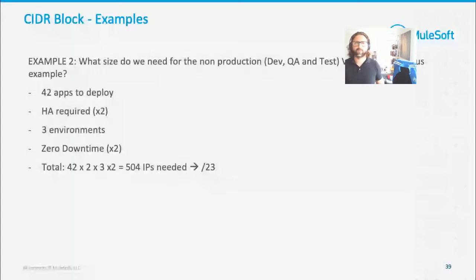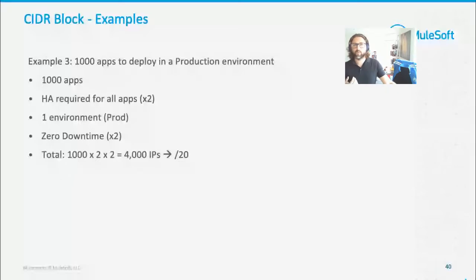And the last example, let's say that we want to deploy 1,000 applications to a production environment with some characteristics. So if I want to deploy 1,000 applications, that means 1,000 workers minimum, and that means minimum 1,000 IPs. Let's say that I want to provide high availability. So I will be deploying 2 workers per application.